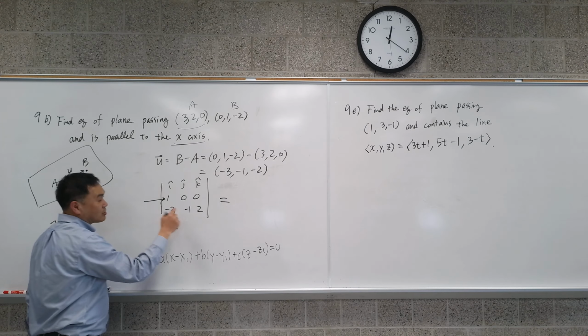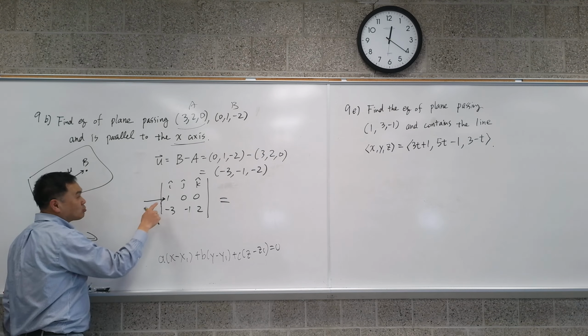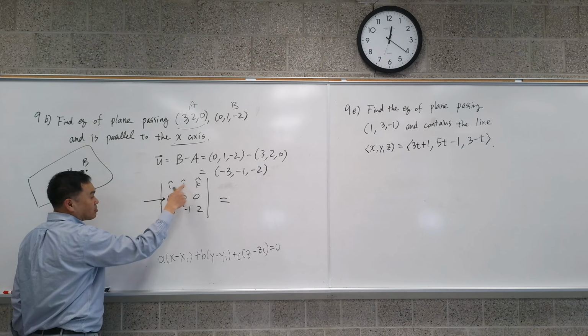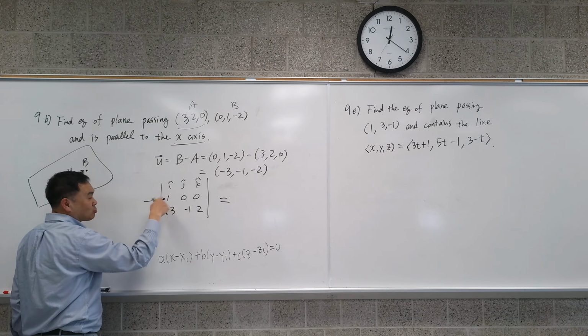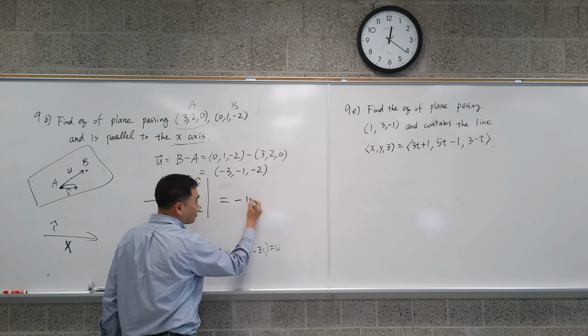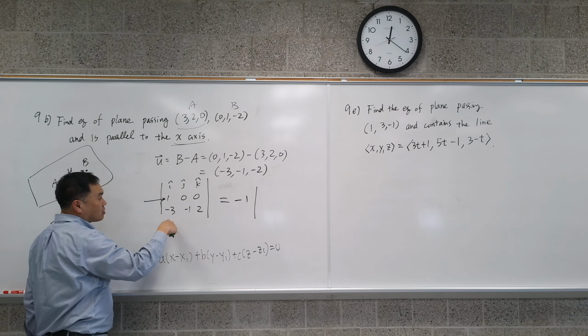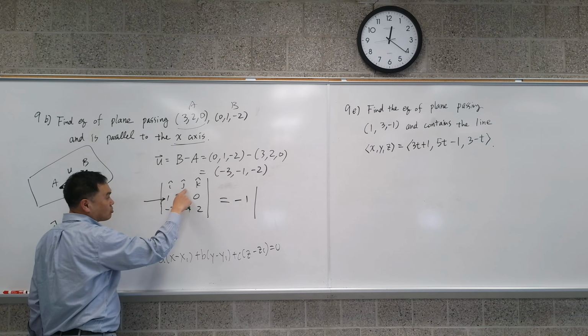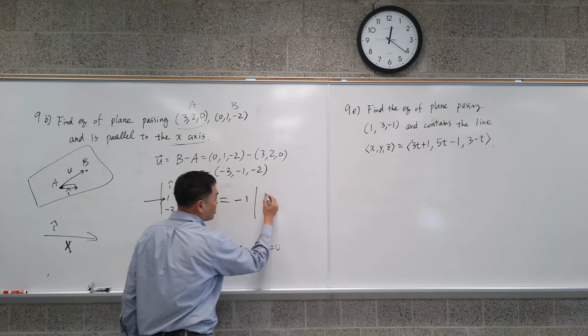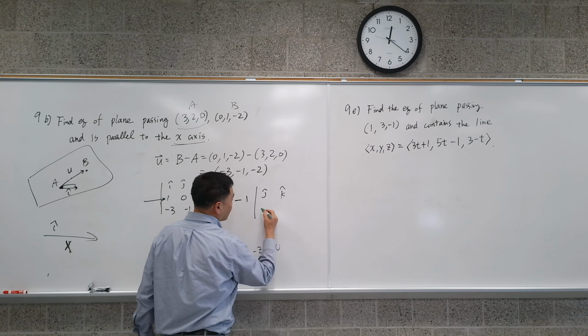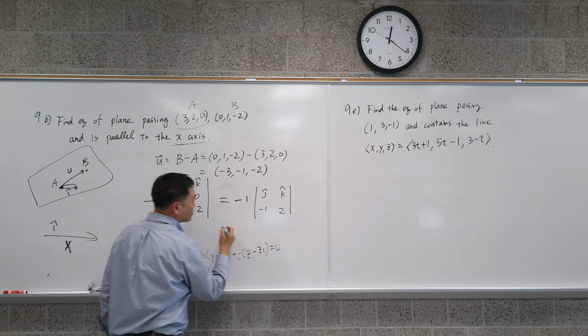Remember the checkerboard of signs is plus, minus, plus. So this one should have a minus there, minus 1. And if you get rid of the column and the row containing them, you get j, k and -1, -2.